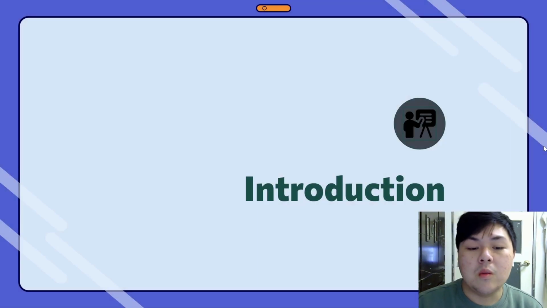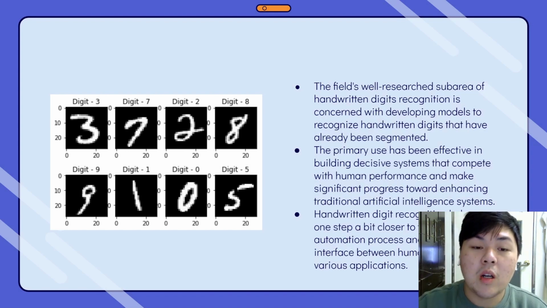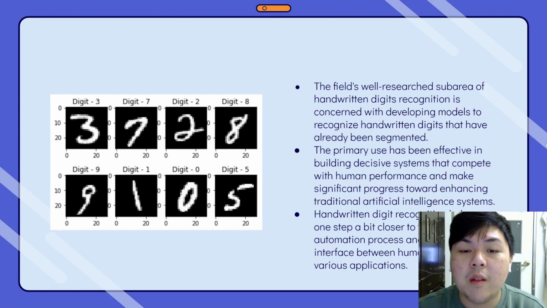So we go to the introduction. One of the most promising areas of artificial intelligence study is intelligent image analysis, and intelligent image analysis includes handwritten digit recognition as one of its concerns. This research sub-area is concerned with developing models to recognize handwritten digits that have already been segmented.